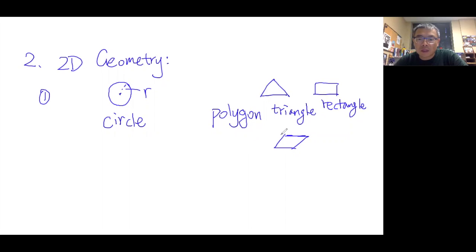I mean, these two do not form a right angle here. Let me write parallelogram. The sides are parallel to each other, but it's not a right angle here, okay?